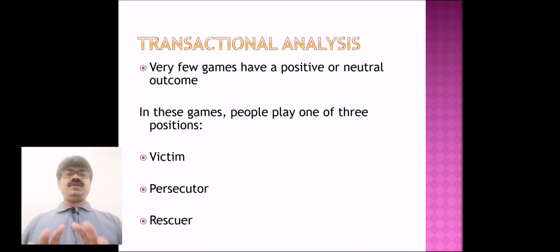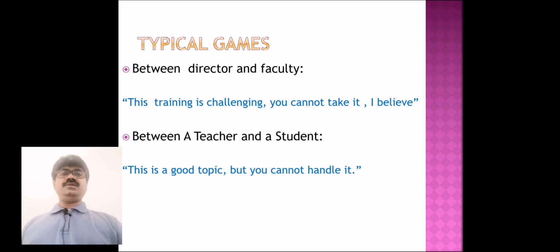When he plays the victim, he behaves as if he is a victim. Sometimes he behaves as a persecutor, or sometimes he comes to you as a rescuer. He comes as if to rescue you, but actually his intentions are something else.